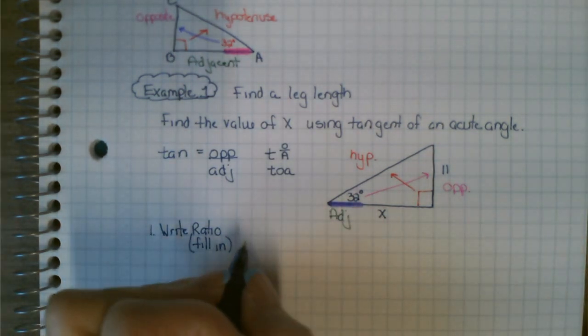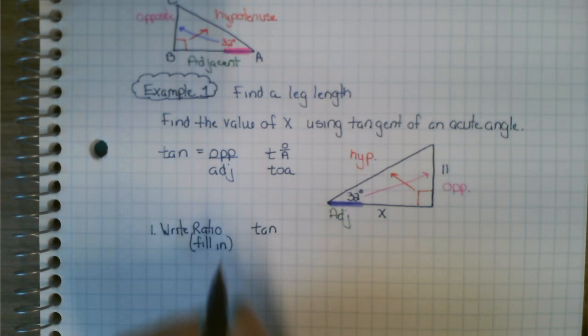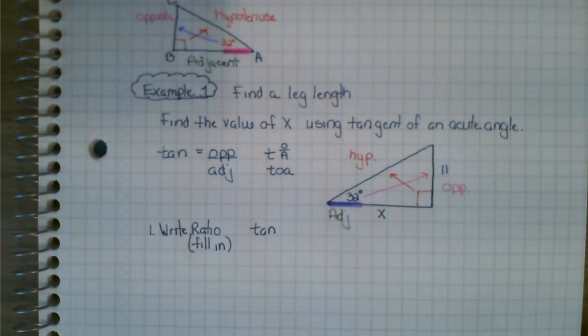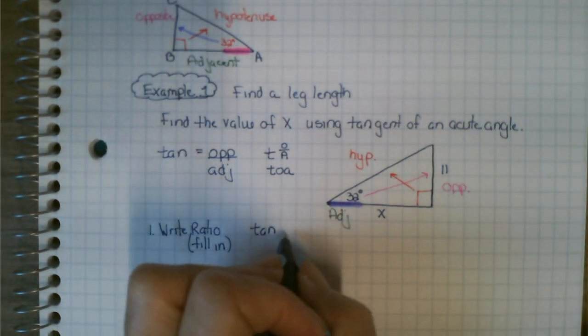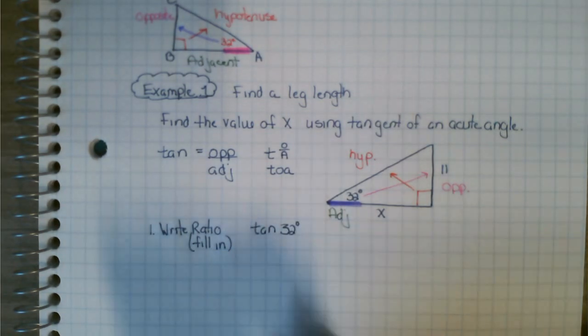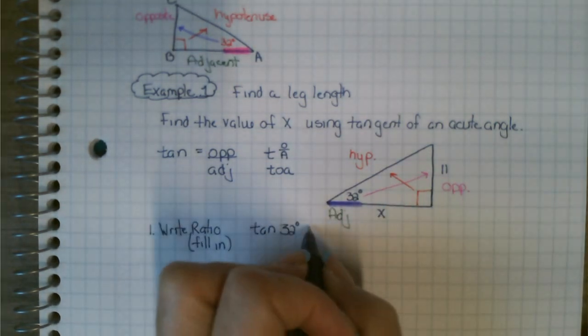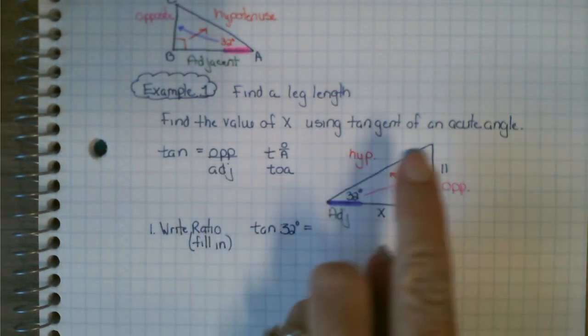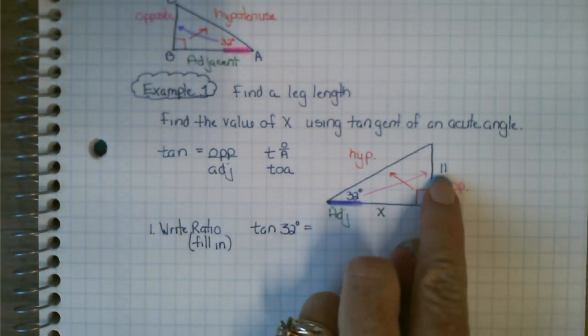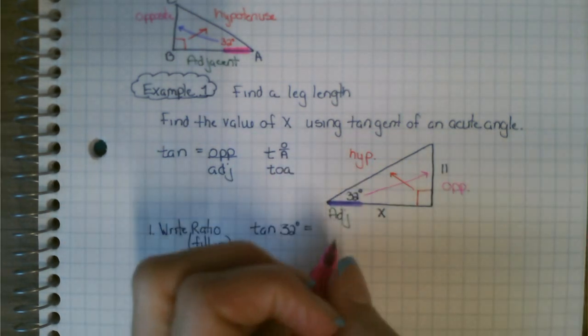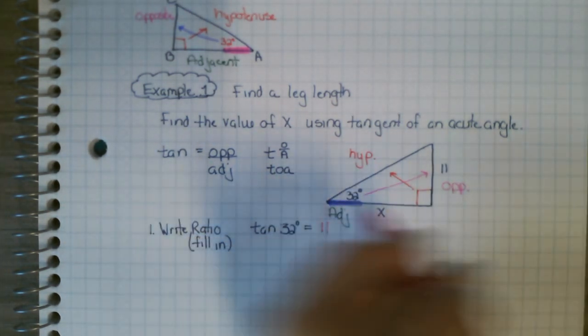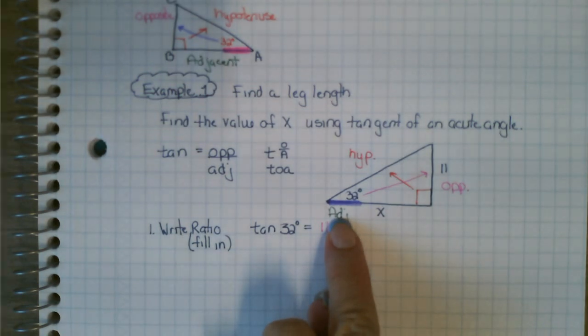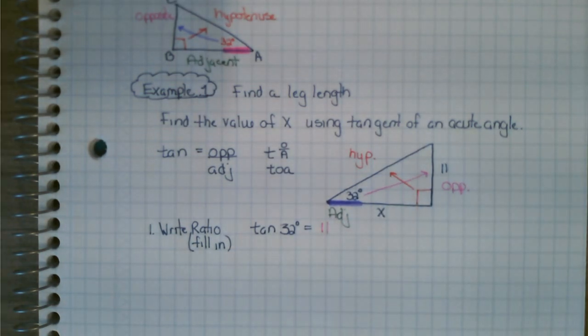So I have tangent, and I have to put the degree next to tangent, so that's 32 degrees is equal to my opposite. My opposite is 11. I'll put 11 on the top, over my adjacent, which is X.